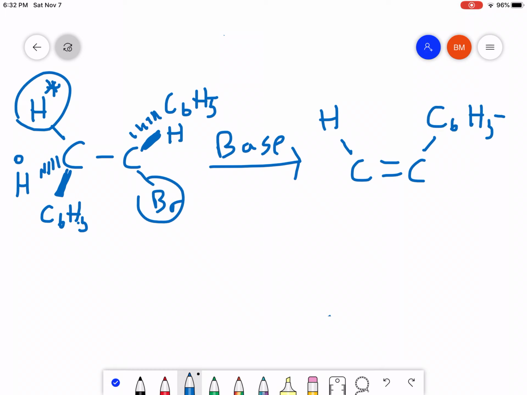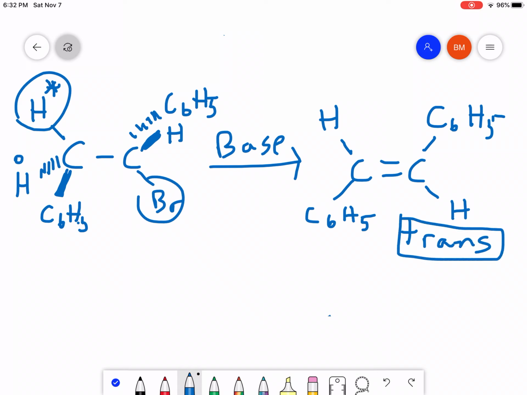All right? And we kind of have the opposite arrangement with the other groups. And this would be a product, right? This is a di-substituted alkene. And as we can see, hopefully you can recognize that this is a trans product. All right? And that is one of our products. It's not the only one, though.